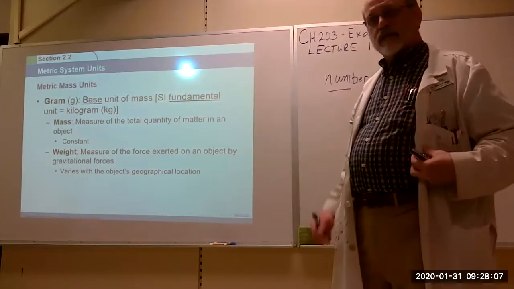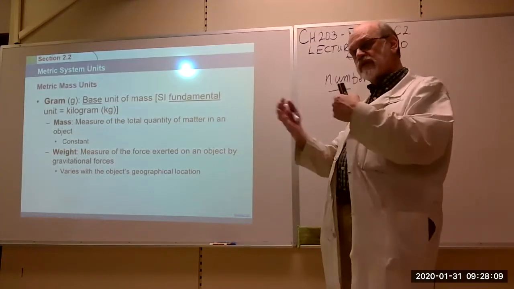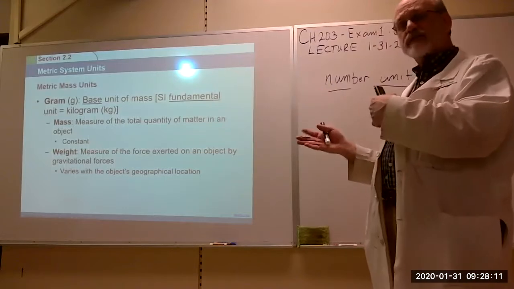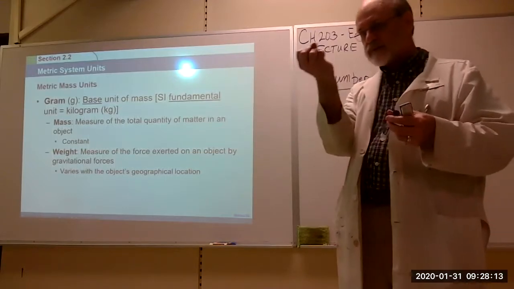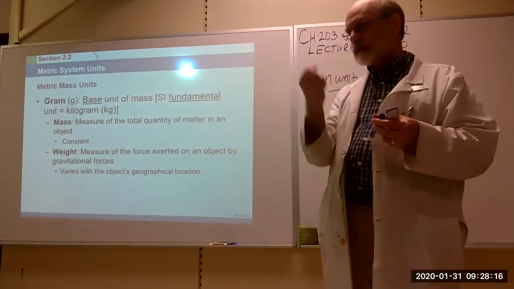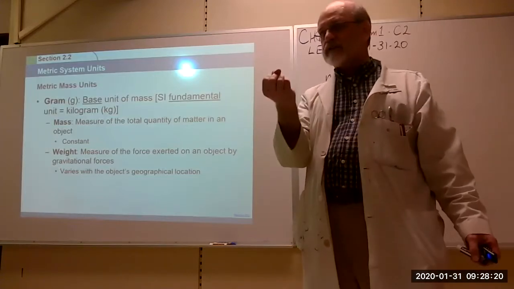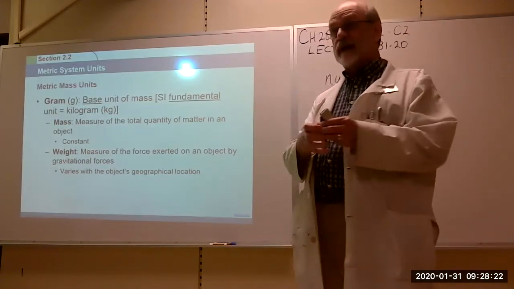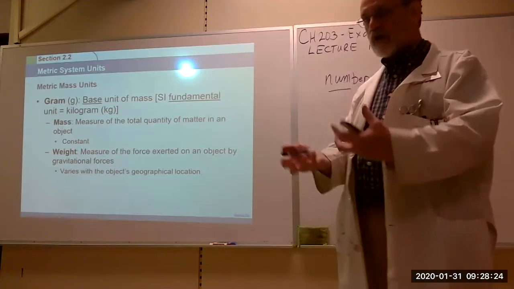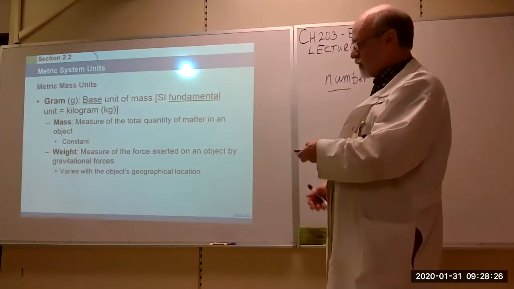Okay. So the difference between the two is that mass establishes how much substance you have right there. And weight establishes what's the effect of gravitational field on that substance. So the Earth has a stronger gravitational field than the moon, so it's going to have a different weight.